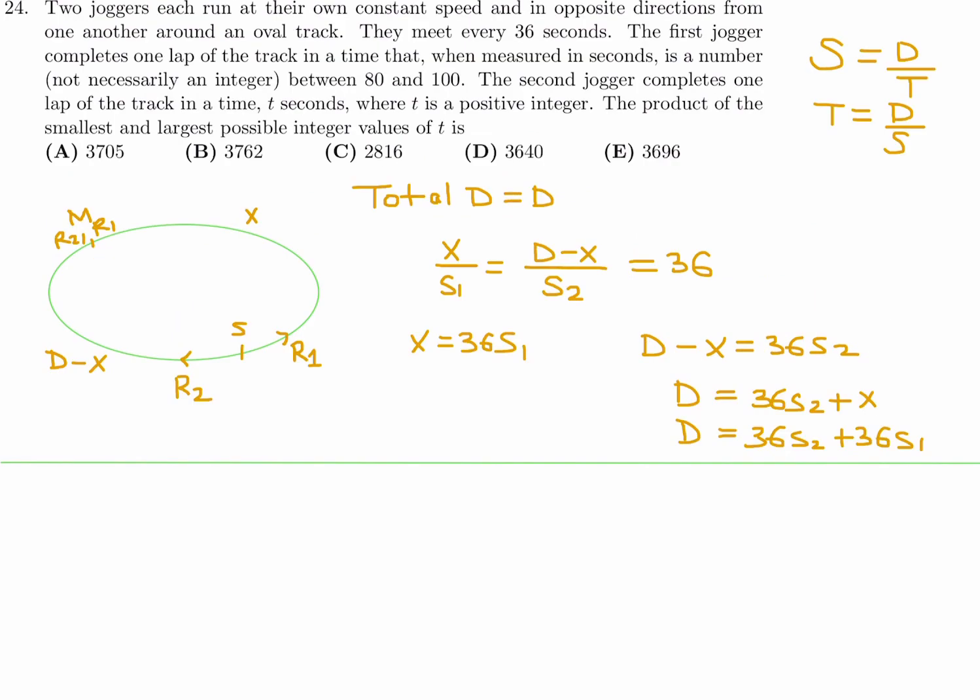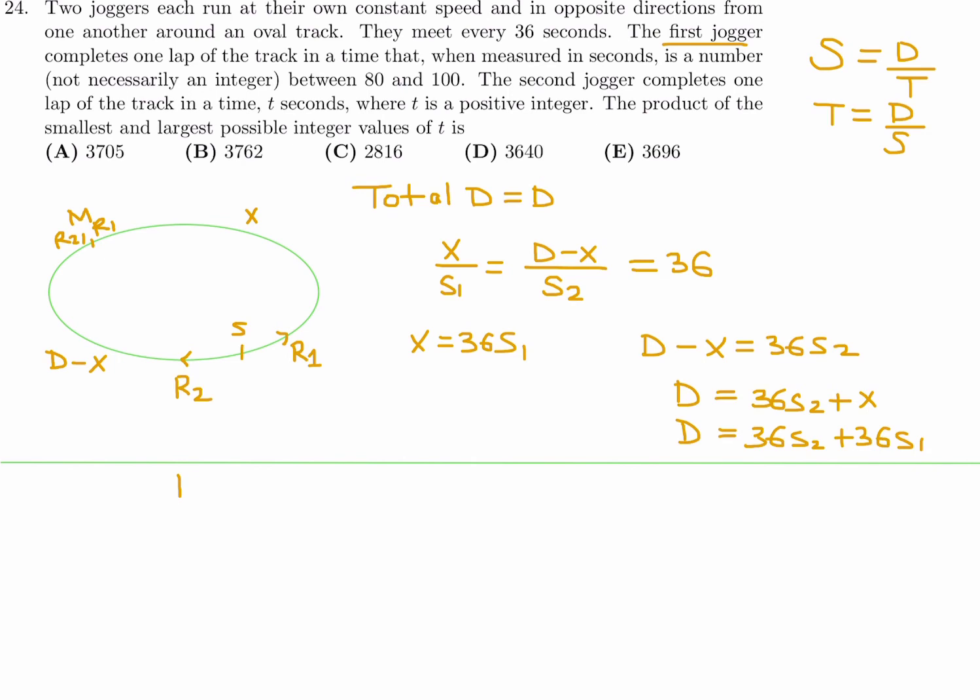Now, the question tells us something important, that the time for the first runner, the first jogger, is between 80 and 100. So what is that time? It's d over s, right? Sorry, not d minus x.